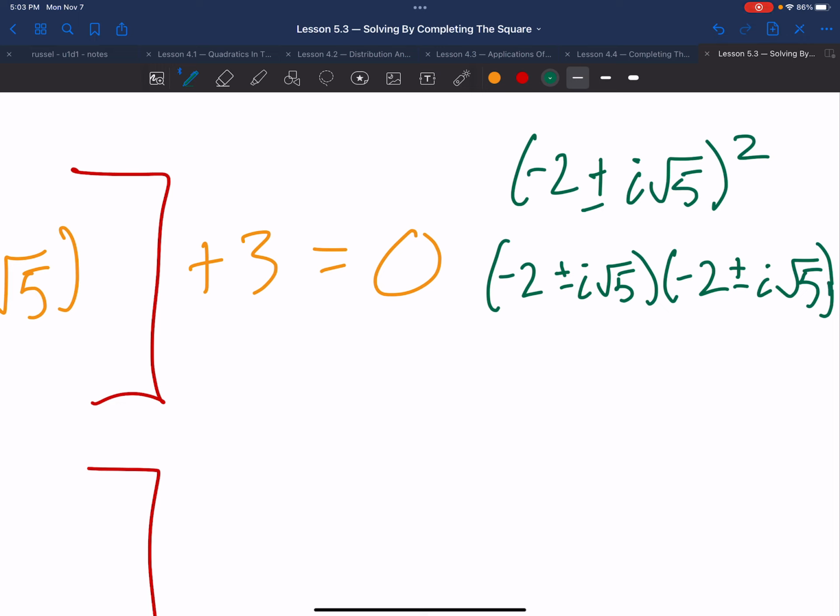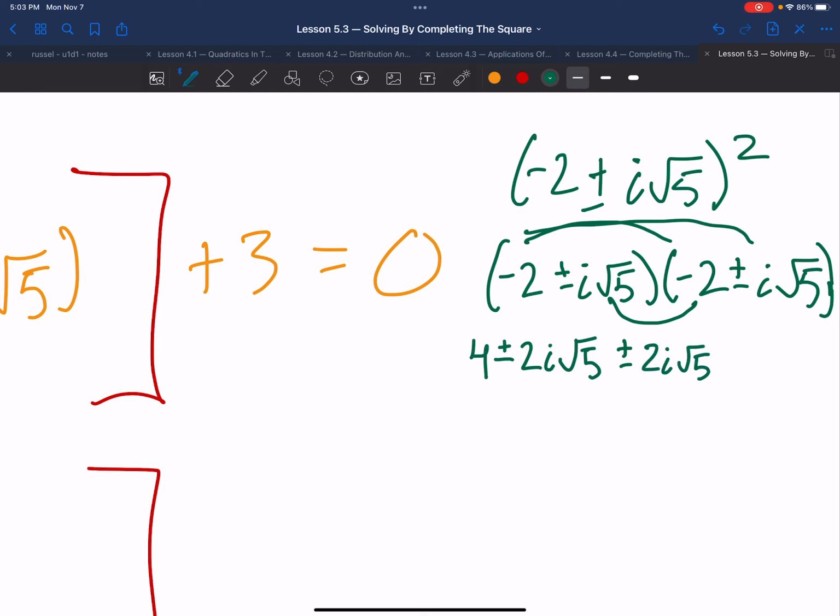Okay. So let's distribute this. Negative 2 times negative 2 is 4. Then this is minus 2, well, it's really like plus or minus 2i root 5. And then I do it again, and it's plus or minus 2i root 5.